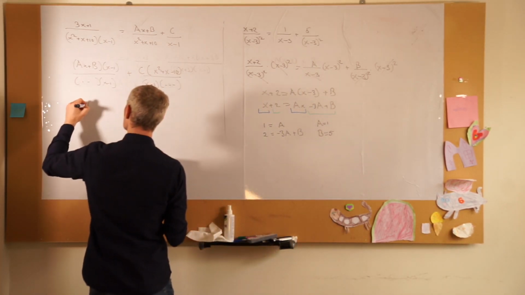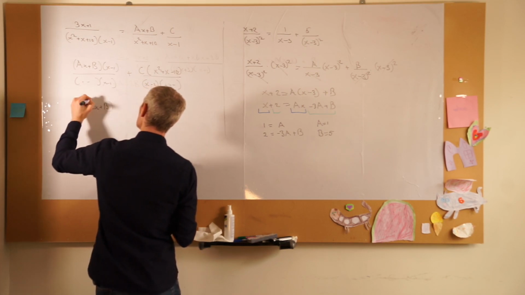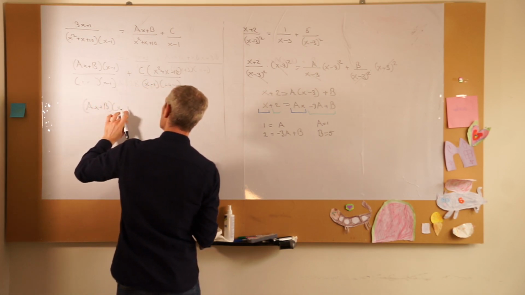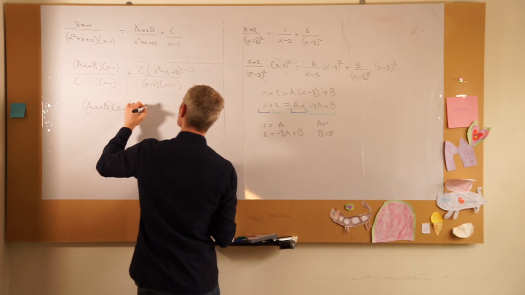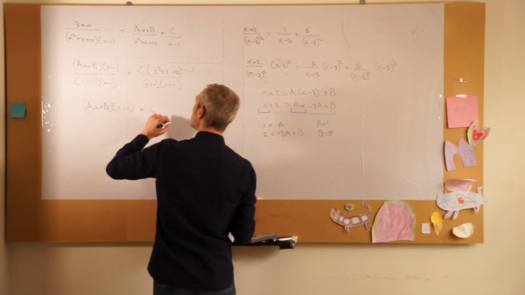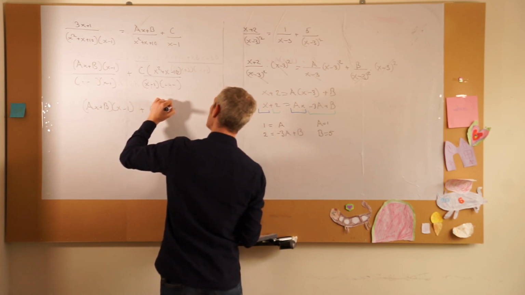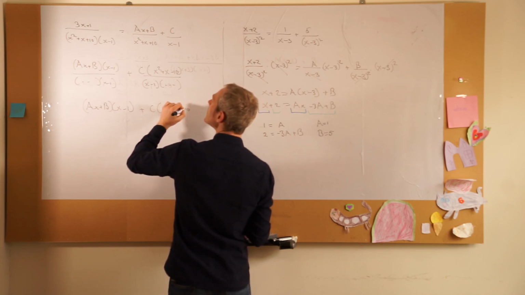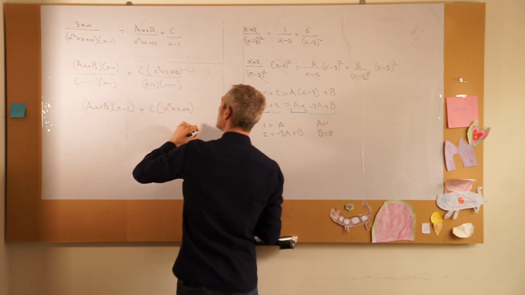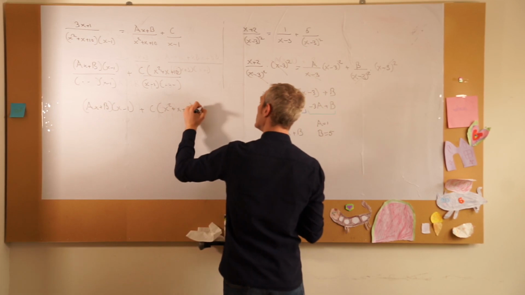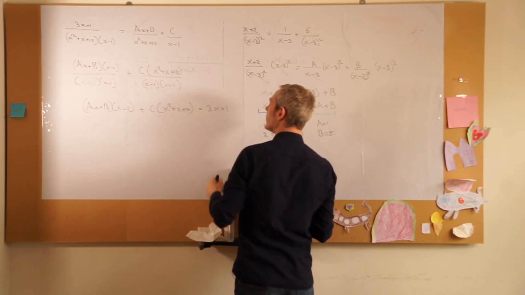And so (ax + b) times (x - 1) plus c times (x squared + x + 10) must equal 3x + 1.